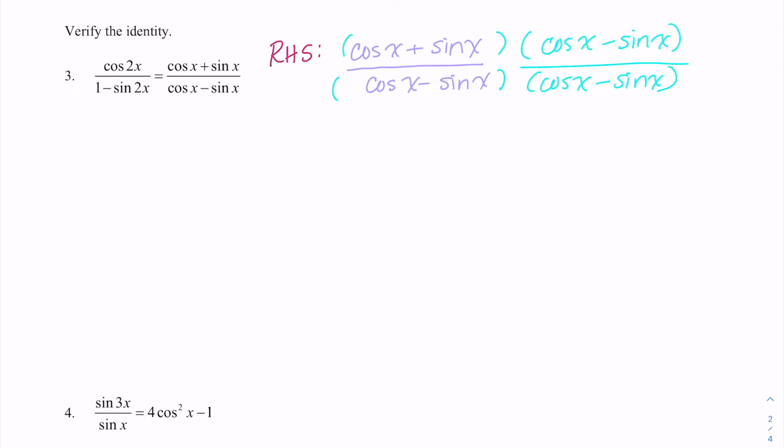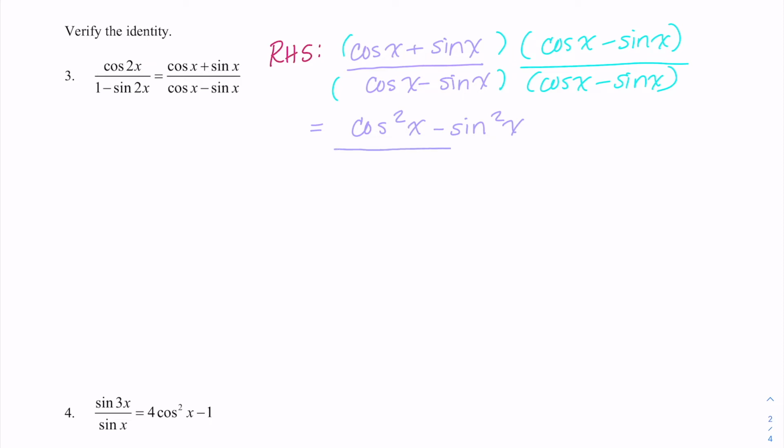And the reason for that is we will actually have the cosine of 2x complete in the numerator already, because the numerator would be cosine squared x minus sine squared x. And as you can see, that's equal to the cosine of 2x. That's going to be equal to that, okay?